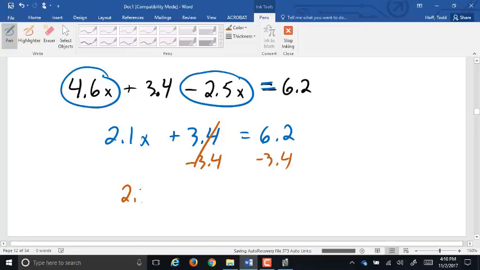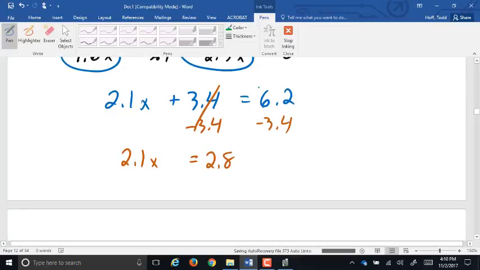So that's gone. We have 2.1x equals 2.8. And then divide by 2.1. x equals 1.333333. Any questions?